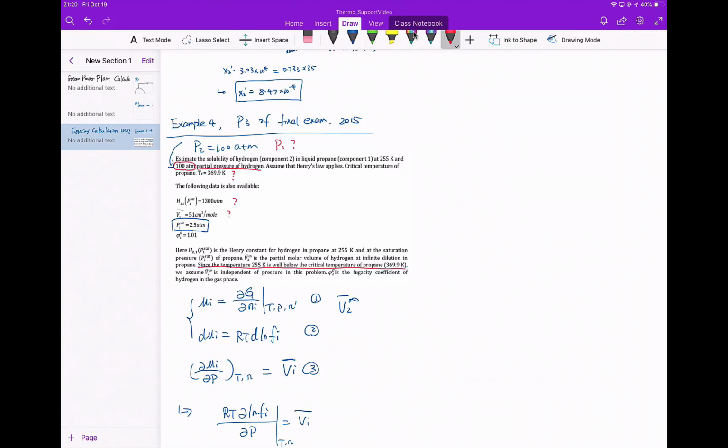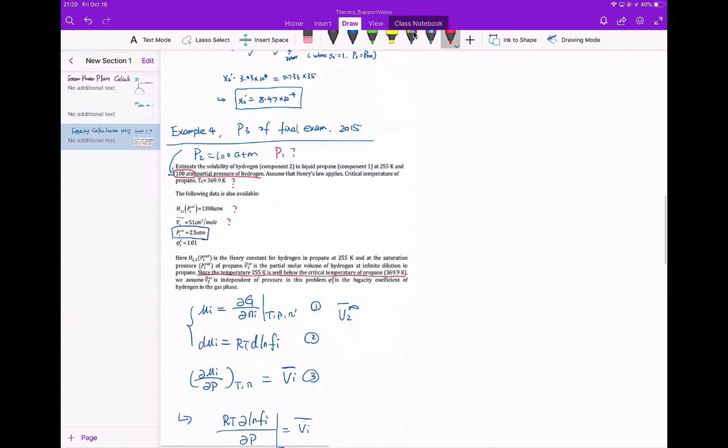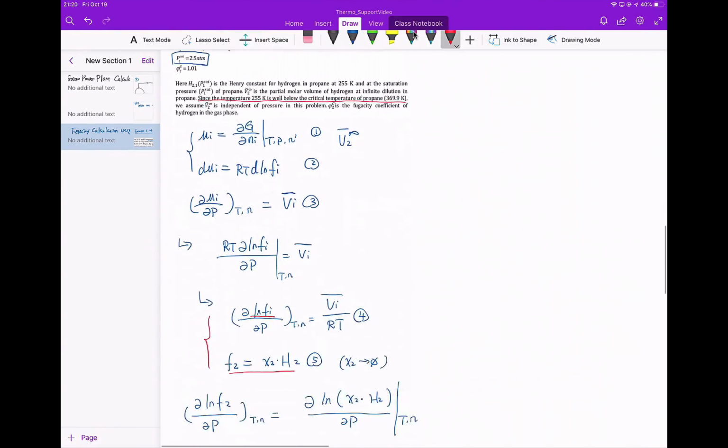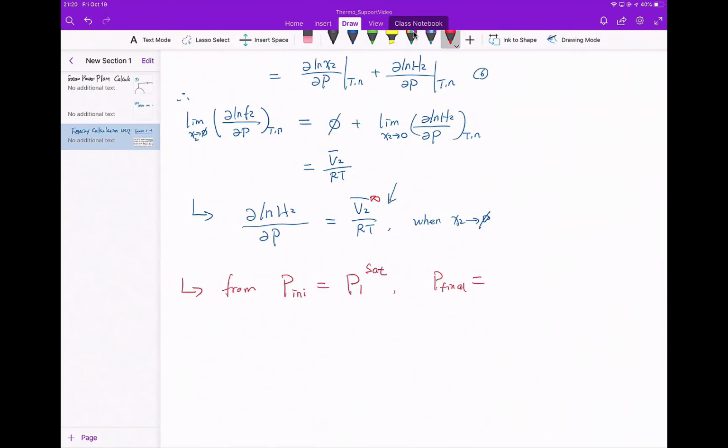And the problem statement says, for the liquid problem, we know this is P2, which is 118 plus P1 set, right?